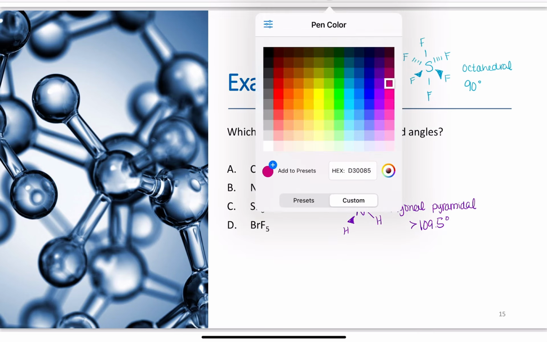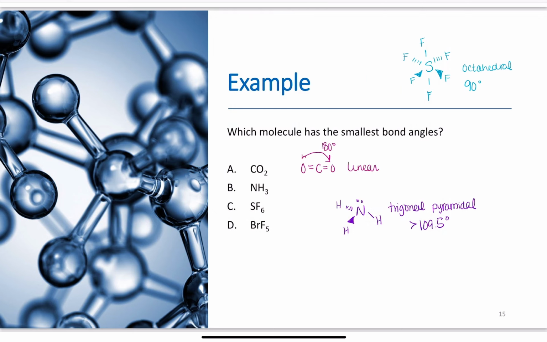And option D, BrF5. That's, let's see, 6 times 7, 42 electrons. So Br, that uses 2, 4, 6, 8, 10, 12, 14, 16, 18, 20, 22, 24, 26, 28, 30, 32, 34, 36, 38, 40.